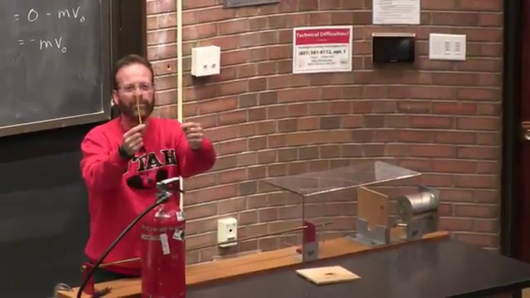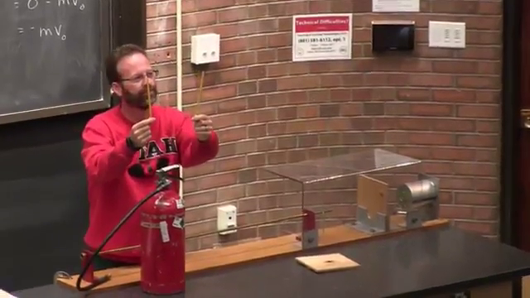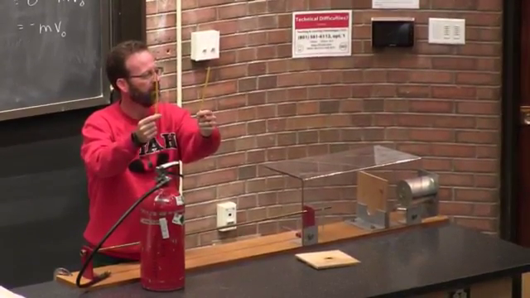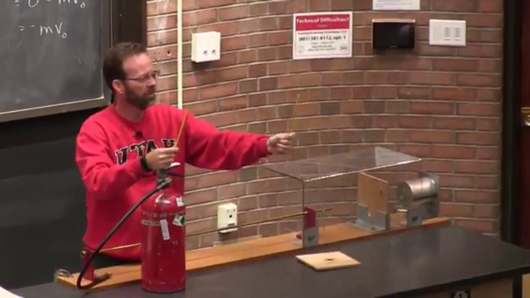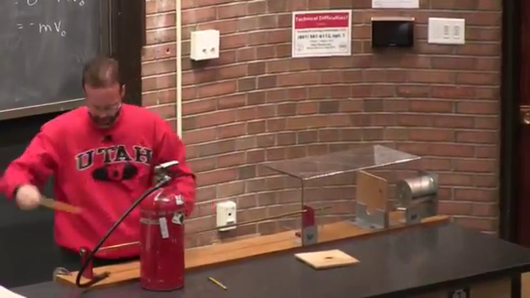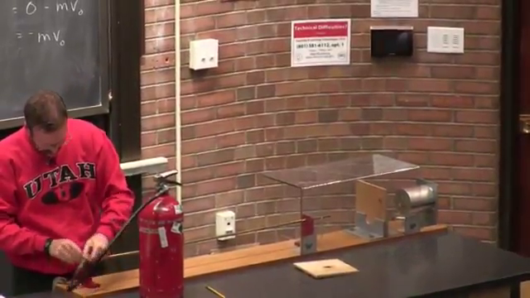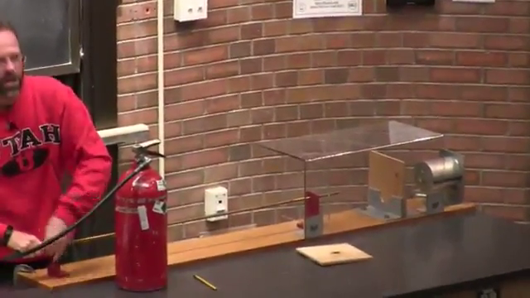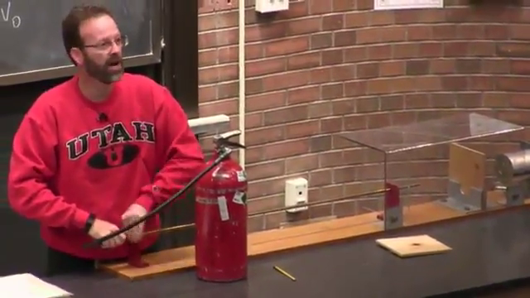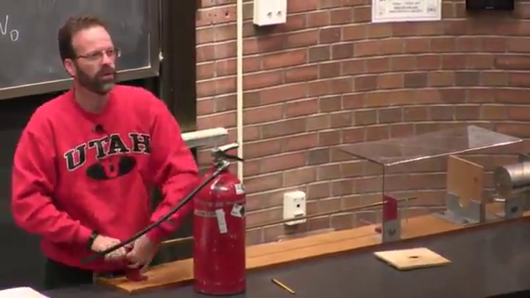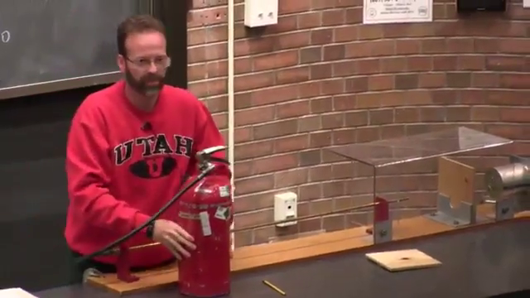What do you think will happen? The pointy one will stick? What will this one do then? Bounce off? All right, well, let's start with the fun one then. Let's go with the pointy one. The fire extinguisher is going to provide the force for a certain amount of time while it's in the tube to accelerate it, change its momentum.